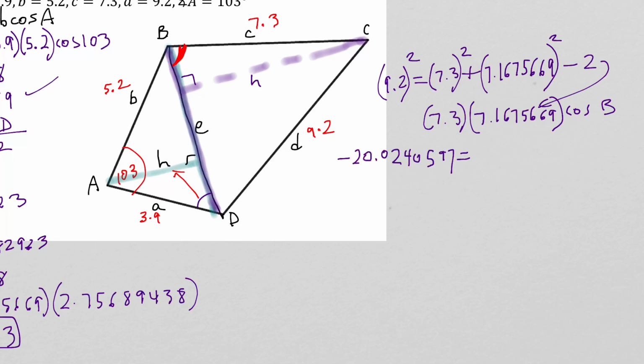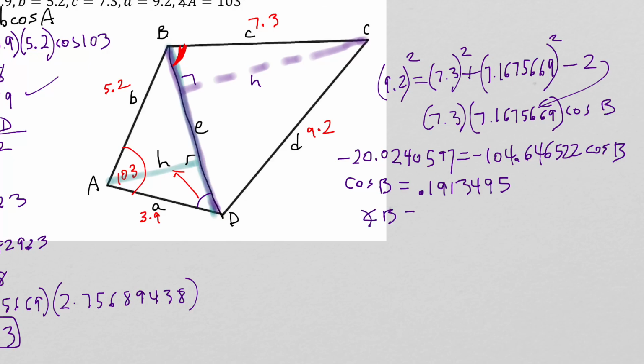Now on my right-hand side, I've got negative 2 times this times that times the cosine of B. Then I'm going to divide the left-hand number by that coefficient of B, and I'll get the cosine of B. Then I'll take the inverse cosine of both sides, and that'll give me my angle B.